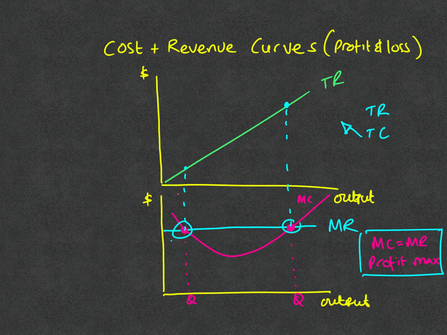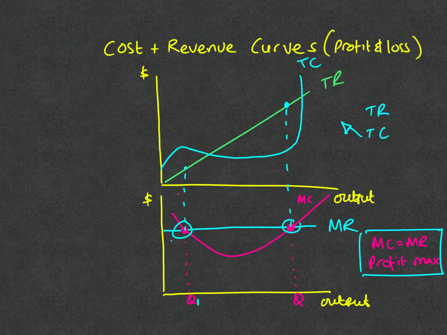So if we start off by drawing increasing total costs, as you can see, and then they start flattening out, okay? So let's just do that again. So increasing total costs, it starts flattening out and then it starts to rise again. And that will do for now, because what I can show you now is, if you notice, at the first point, let's call this Q1 down here, Q1.